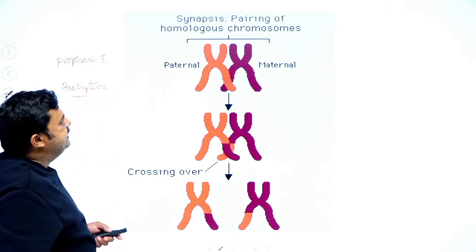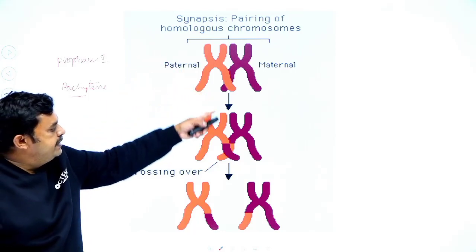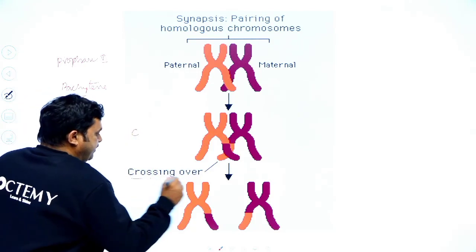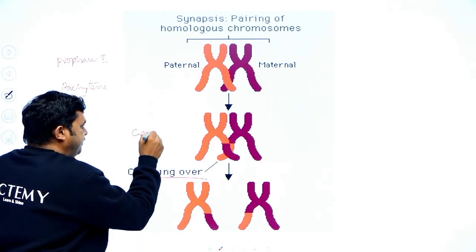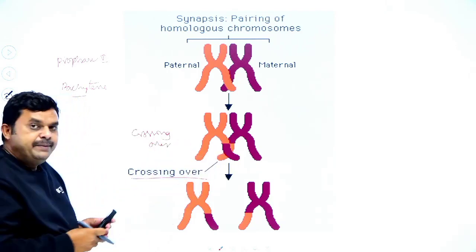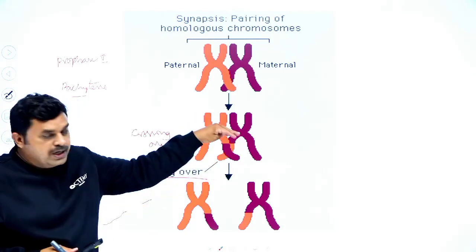In pachytene, synapsis, the pairing of homologous chromosomes, takes place, in which crossing over happens: exchange of genetic material between the non-sister chromatids of the homologous pair.